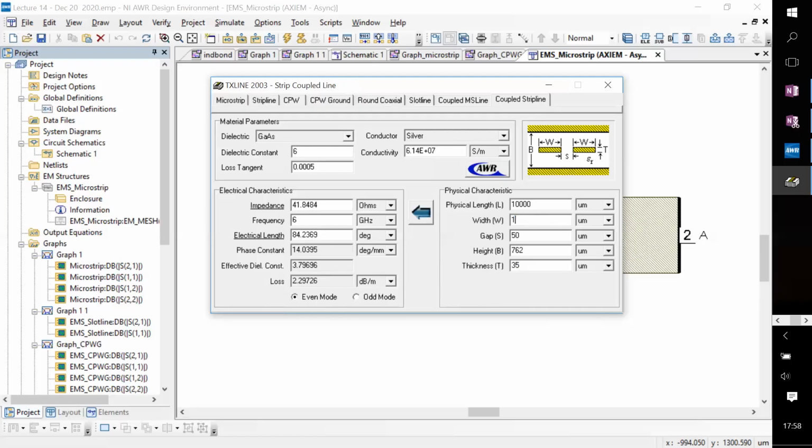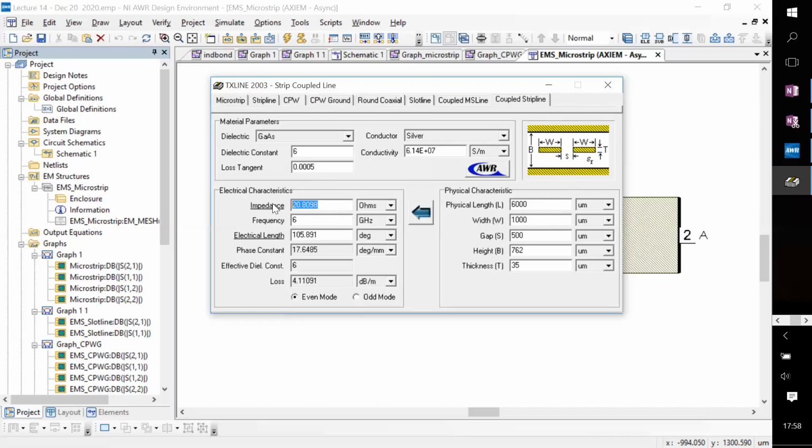Let's put the same values. What did I use here? 500. So the effective dielectric constant is exactly 6, which is because there is only one dielectric there. So the phase constant is, of course, this is now very low impedance because there is ground on both sides.